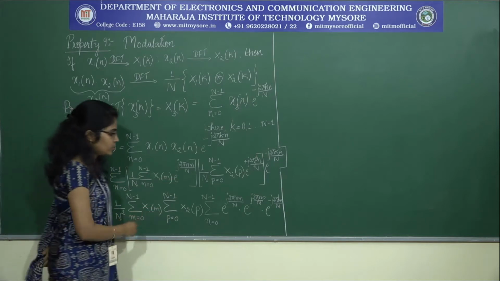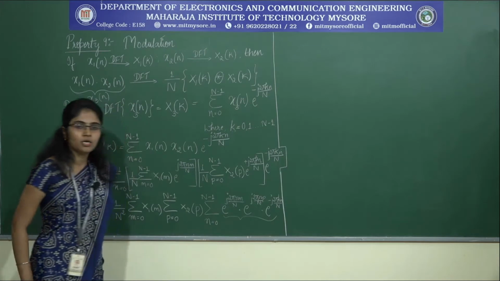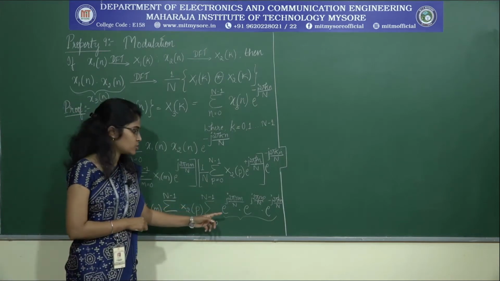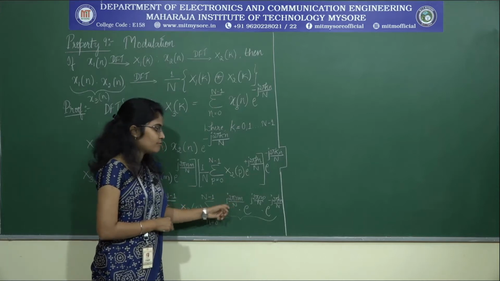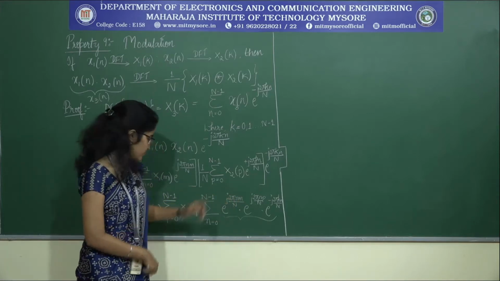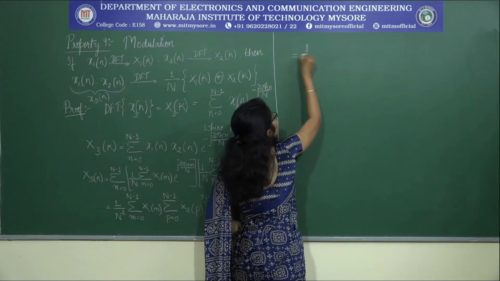Now looking into this equation, we have 3 exponential terms. So I can rewrite all those exponential terms using a single exponential term by taking a common factor. So let us rewrite.